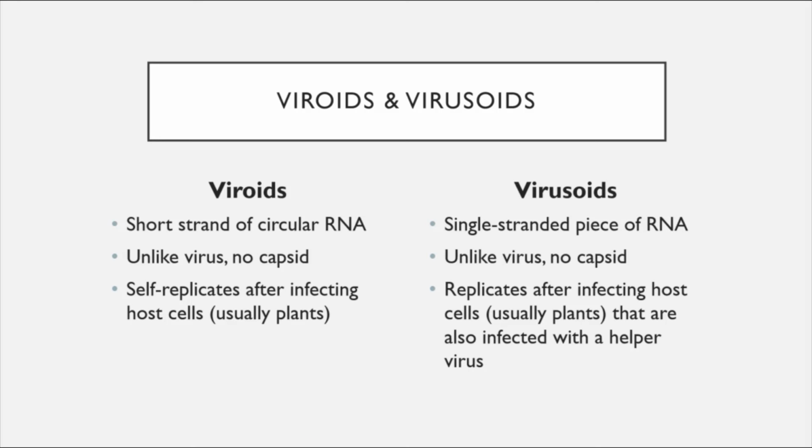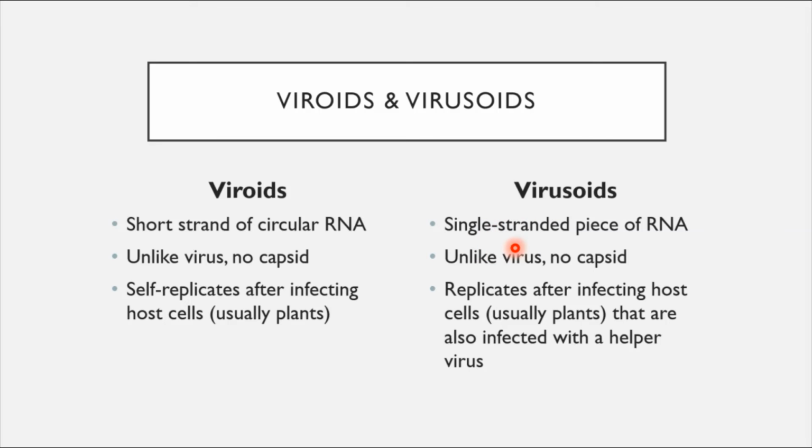Viroids and virusoids are unique types of pathogens that are not composed of a combination of protein and genetic material, but rather just pure genetic material. Both of them are composed of RNA without a protein capsid. Viroids are composed of a short strand of circular RNA, so a little RNA loop.